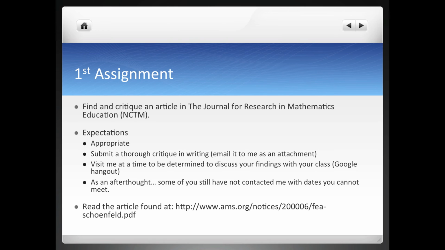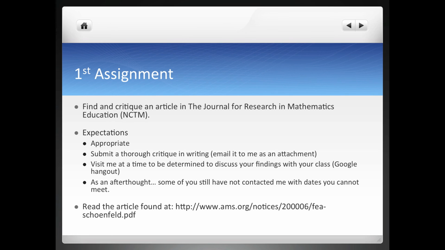But I want you to find something. I want you to critique it. Now, the expectations for this: I want it to be appropriate, meaning that it's an appropriate level for where we're headed in this class. And overall, we've got a broad acceptability here. We are just looking at something that, even within a stretch of imagination, can be a research or scientific inquiry that can be used to improve instruction, improve the quality of education, improve programs.